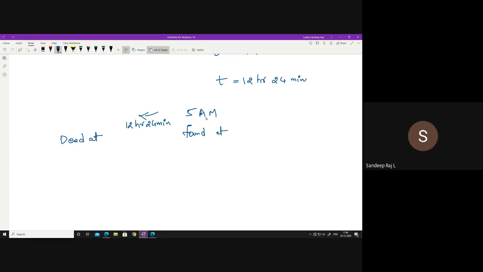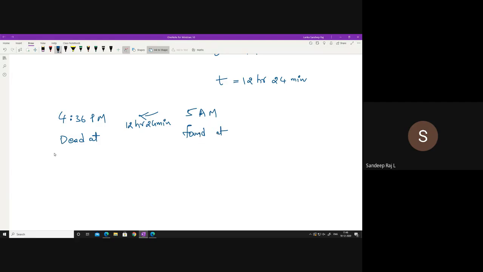What is the time? 12 hours before. That is at 4:30 p.m. around. 4:36 p.m. So that person is dead at 4:36 p.m. and he is found at 5 a.m. You got it?